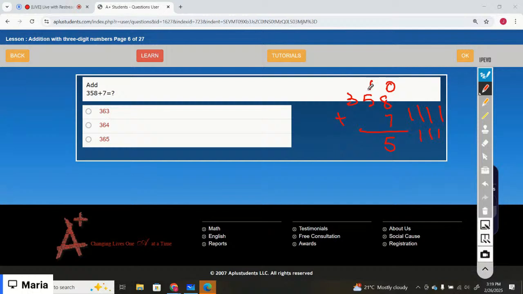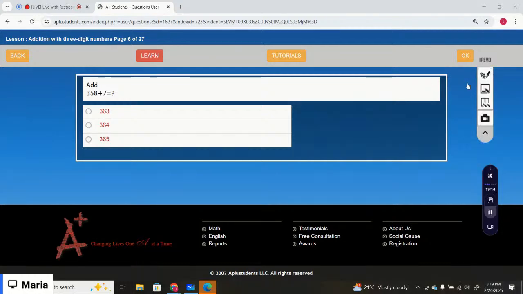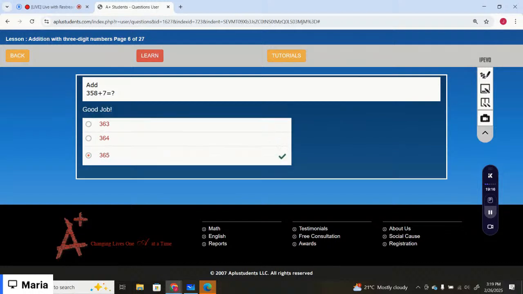Write 5 over here, carry 1. 5 plus 1 is 6 and 3, that is 365. Option number 3 is the correct option, that is 365.